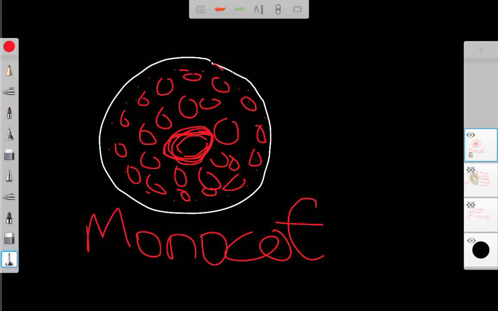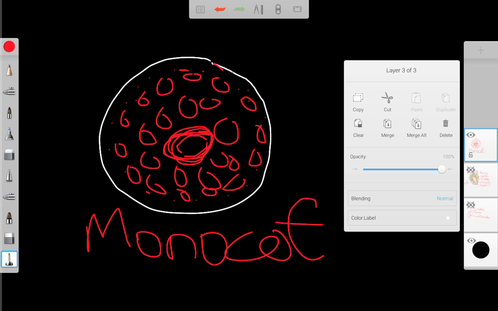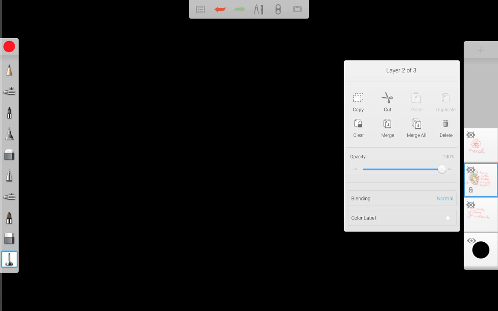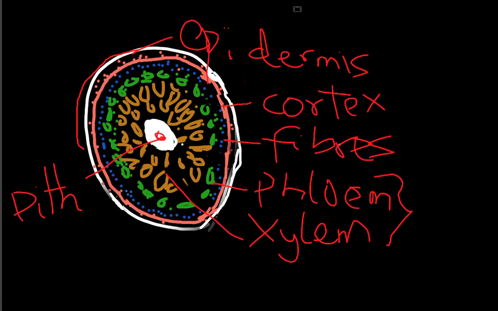But if you look at the illustration of a dicot, you'd find the phloem here and the xylem extending directly towards the pith. Look at them here, extending directly towards the pith.